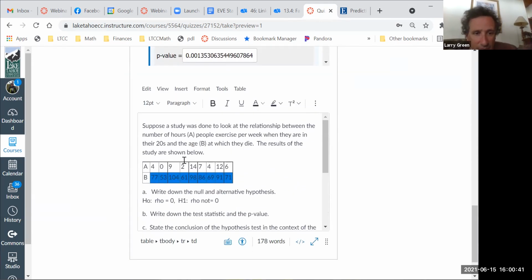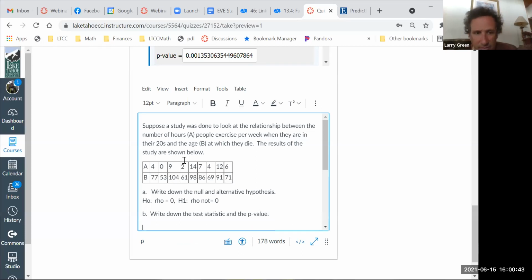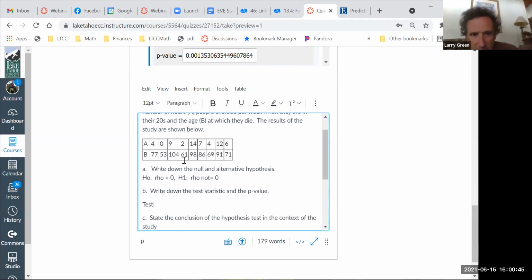Let's write that out. That's t equals 5.13, and the p-value is equal to 0.00135. Throw some decimals in there. Any questions at all on using the calculator?